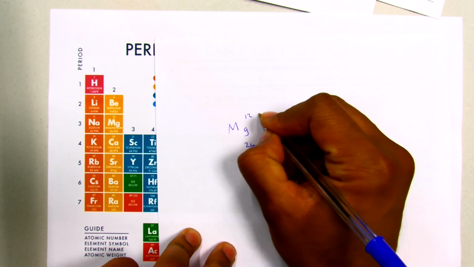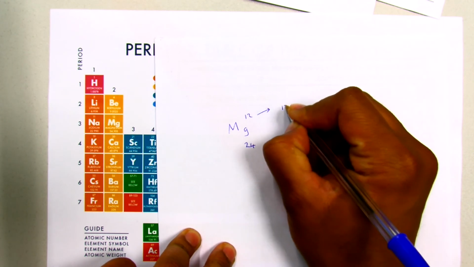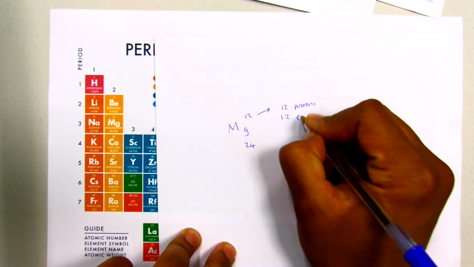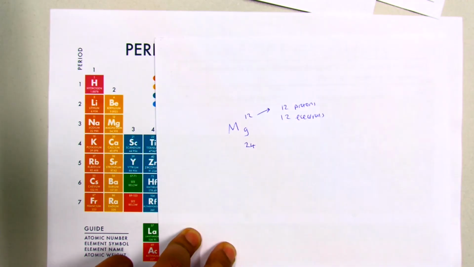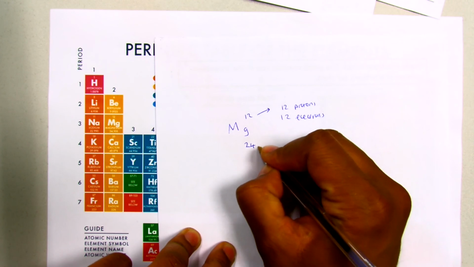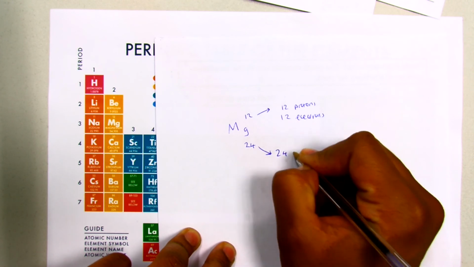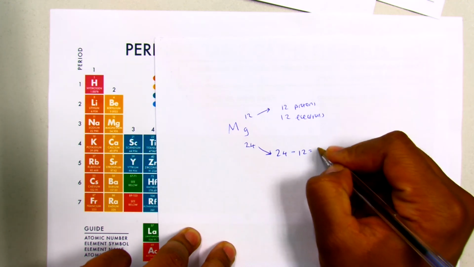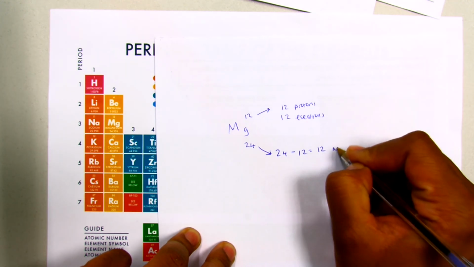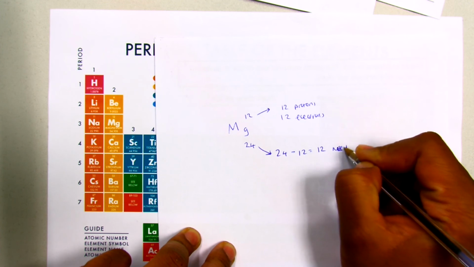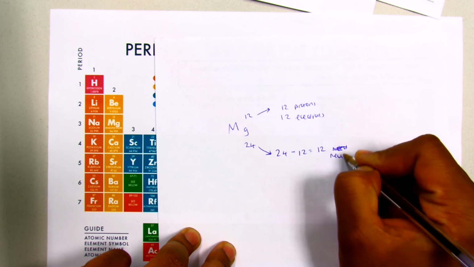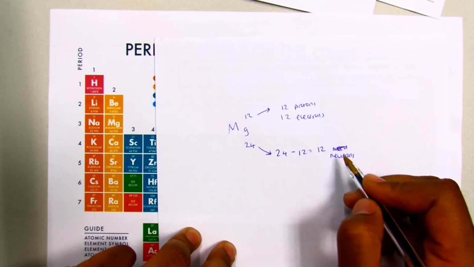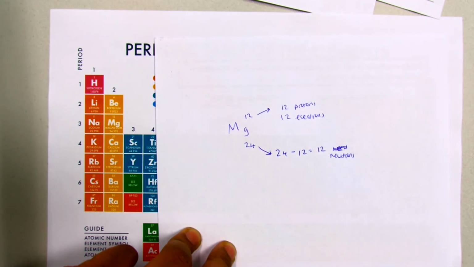This means that magnesium consists of 12 protons and 12 electrons. To work out the number of neutrons, I simply do 24 minus 12, which is also 12, and therefore I know this has 12 neutrons. So this is what makes up this particular atom of magnesium.